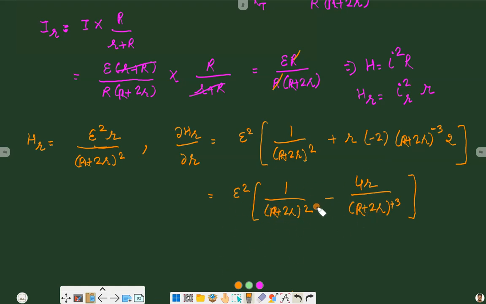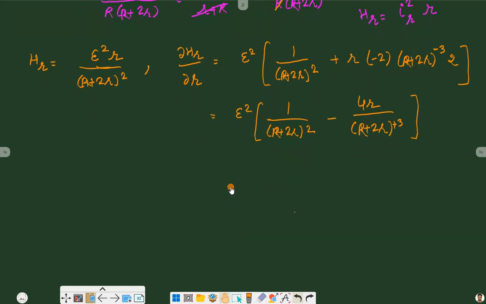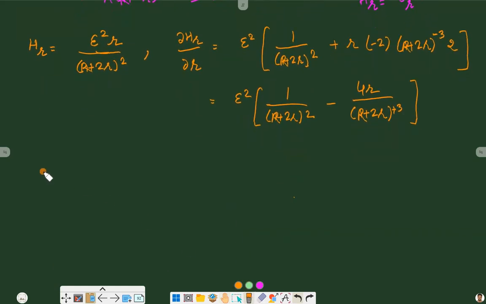Now we will equate this term to 0, and when we equate it to 0, both of these terms become equal to each other. Only then can their subtraction be 0.